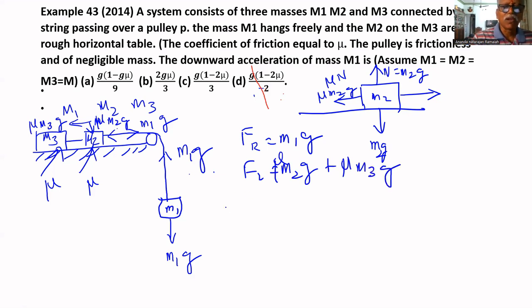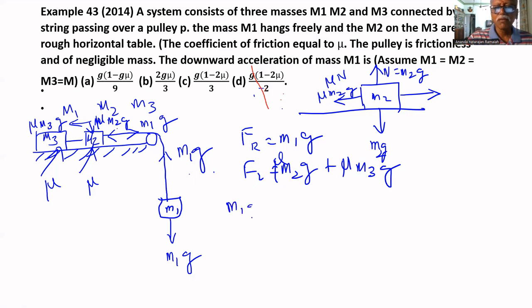Downward acceleration is asked. First, let us find the net force. Net force is downward. That's why M1G is positive, these two are negative.